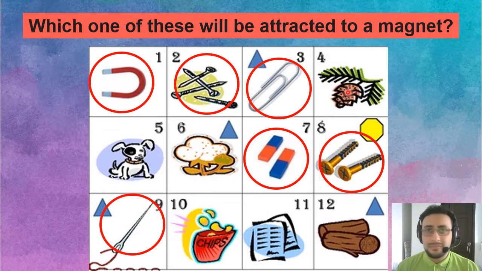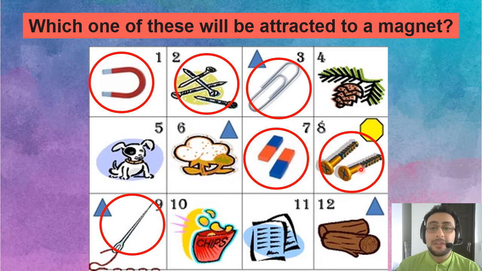Four. Plants don't have metals. They're not attracted to magnets. Five. A puppy is not attracted to a magnet. Six. Flowers. Nope, just like plants. Seven. Other magnets. See different shapes of magnets. Yes, they are attracted to magnets.